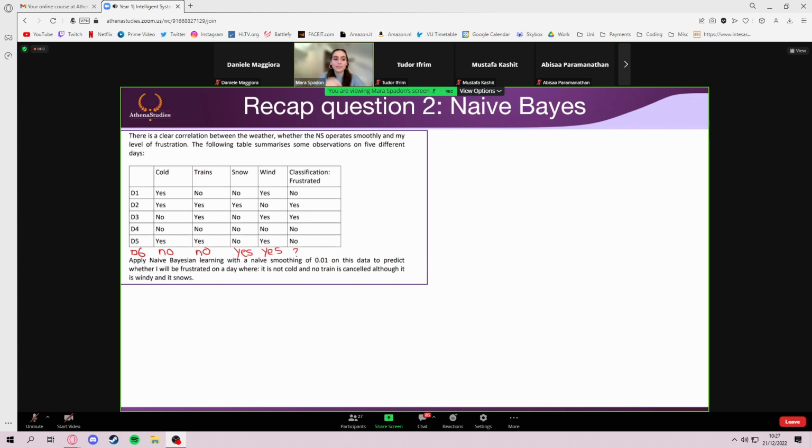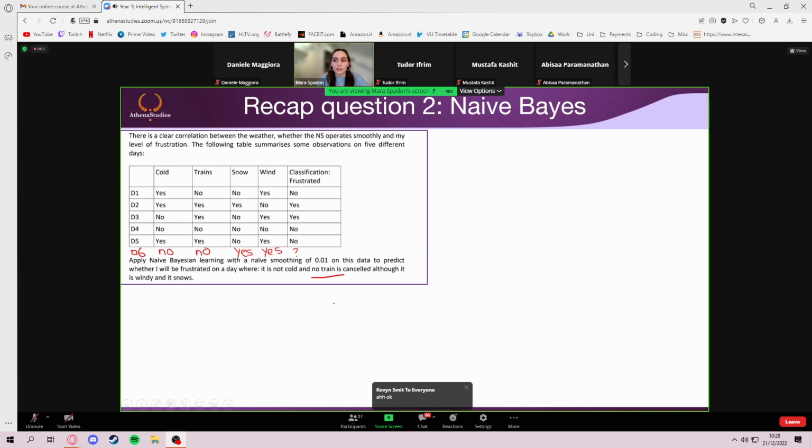No train cancelled means that we get no here. It's a bit ambiguous. I think they specified in the solutions that this was worded a bit unclear. But in this case, they're using train. No train means no in this one.